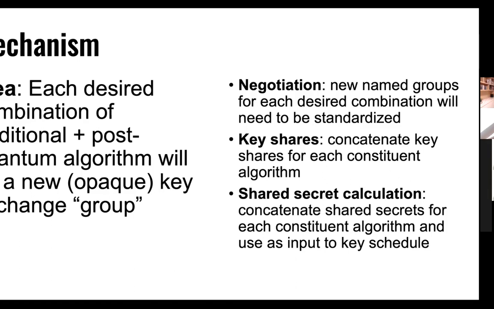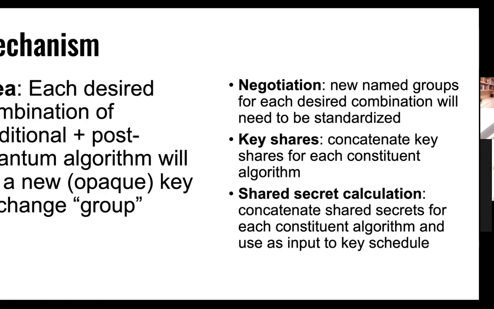You'll just negotiate one fixed combination. So new named identifiers will have to be listed for each desired combination that's going to be standardized. Now, this does lead to a combinatorial explosion in terms of the number of identifiers that have to be standardized, but it reduces complexity in terms of implementations and being certain that the implementation achieves a certain security policy.